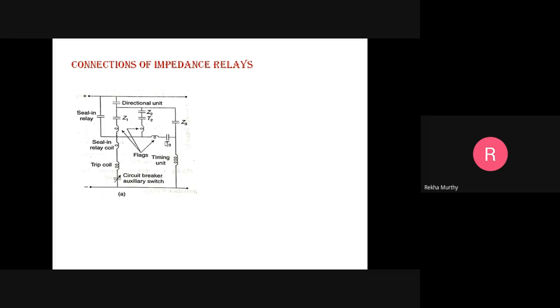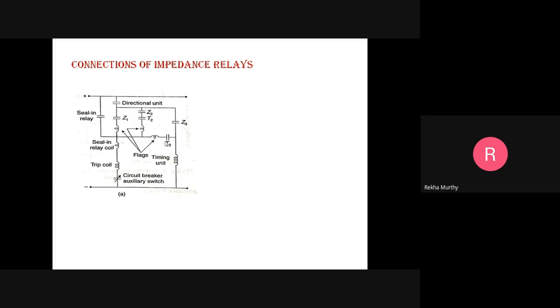If any fault point lies within the circle Z1 and is in the forward direction, the directional relay and all three impedance relays will operate. Due to the operation of the first unit and the directional relay, the circuit breaker trips in a very short period of time T1.